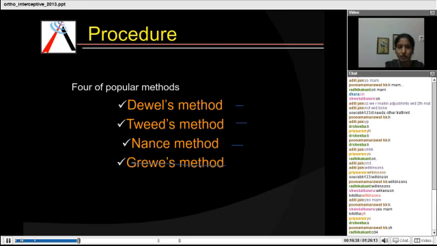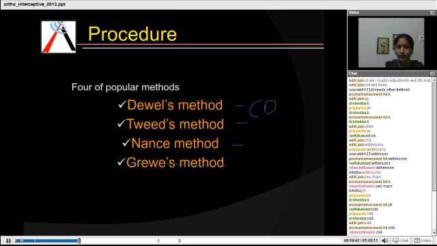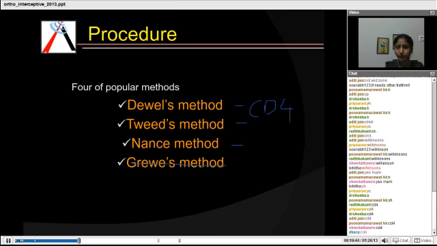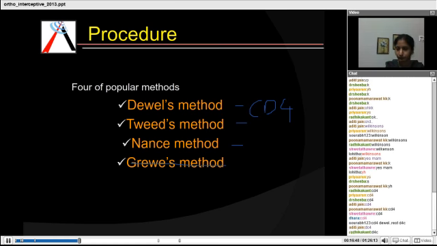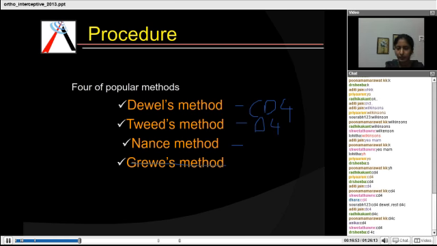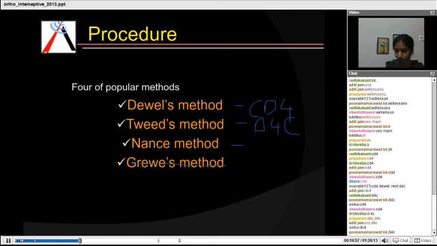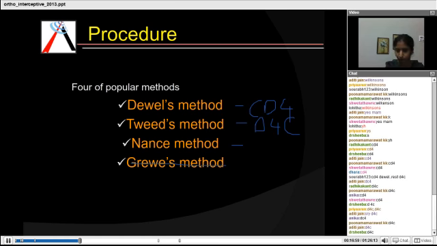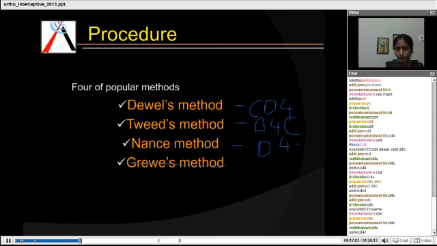How does Dewey's work? CD4. Tweed's, yes, both are D4C. Nance, yes, this is also D4C.